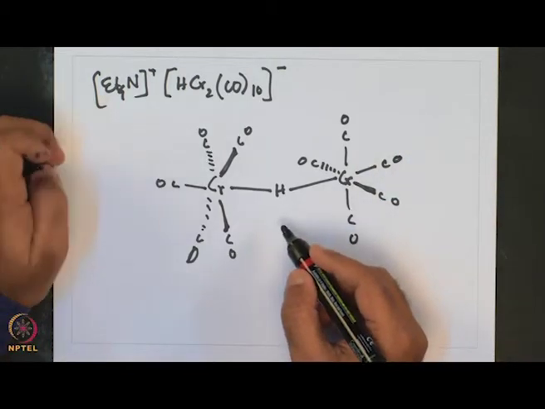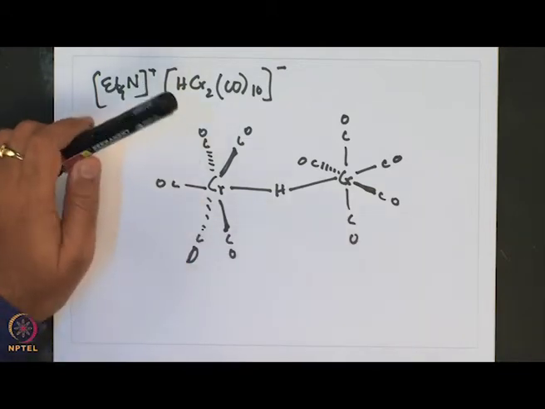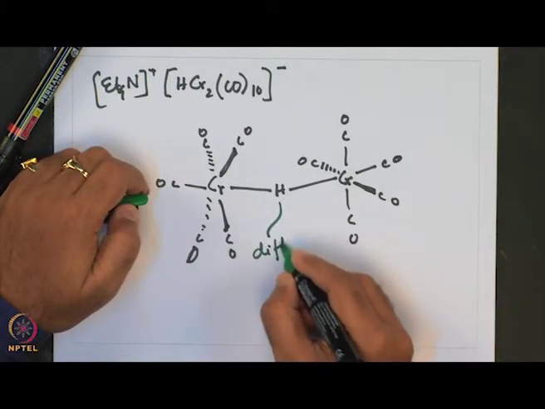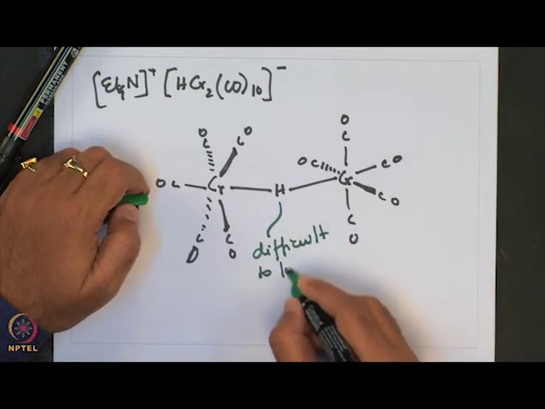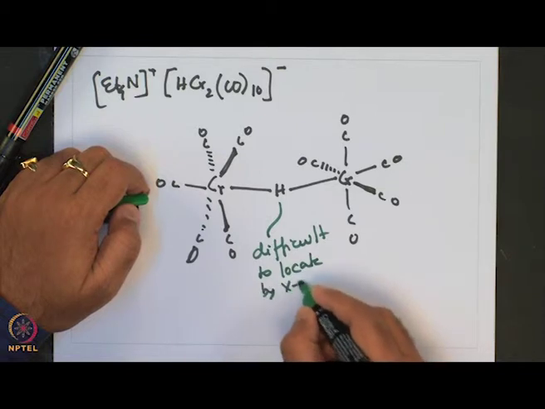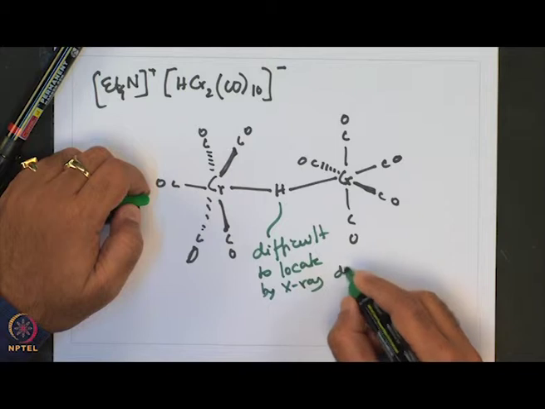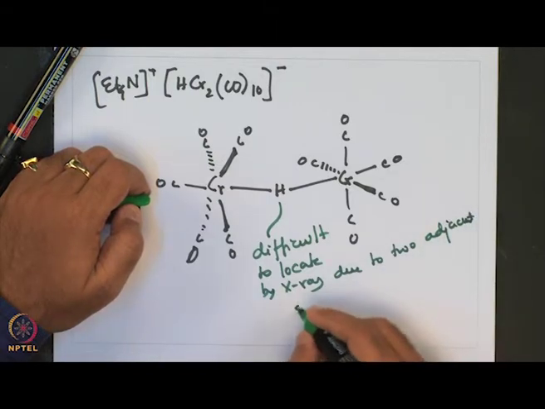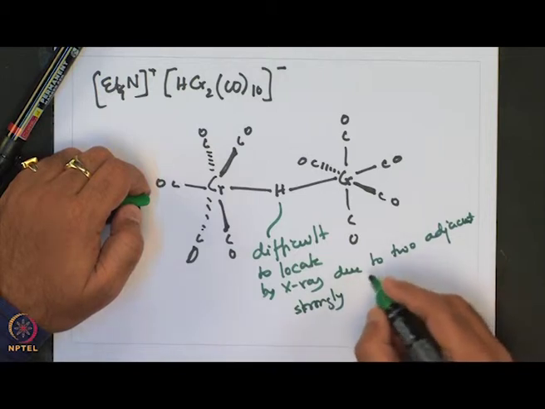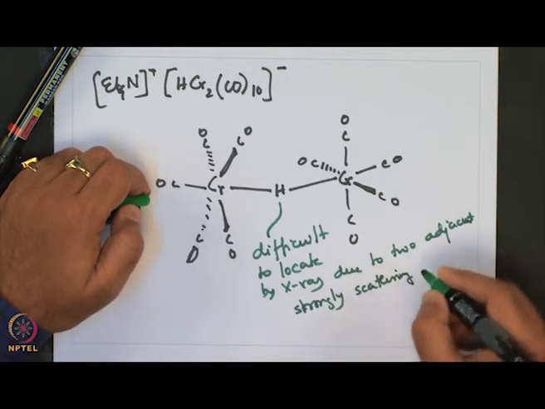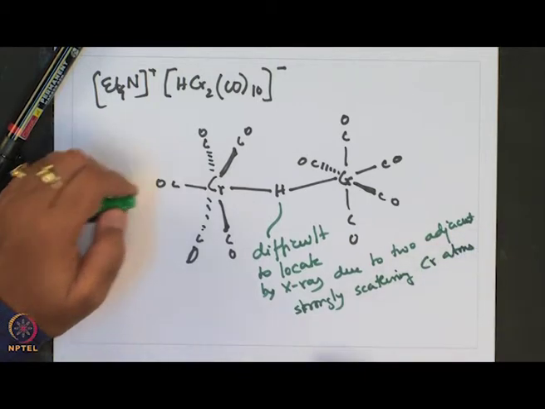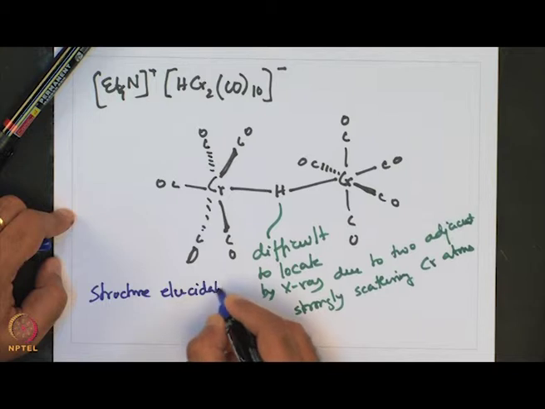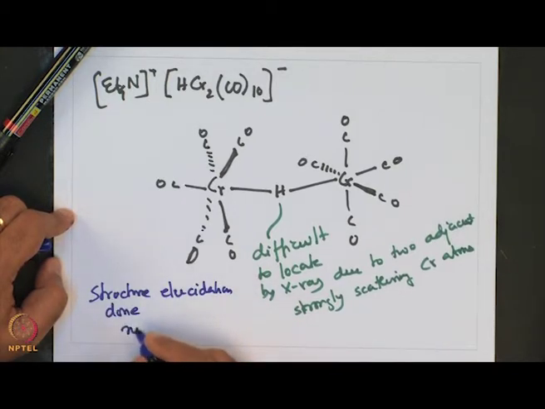Now, it is difficult to locate this hydrogen by X-ray due to two adjacent strongly scattering chromium atoms, and hence the structure elucidation was done by neutron diffraction.